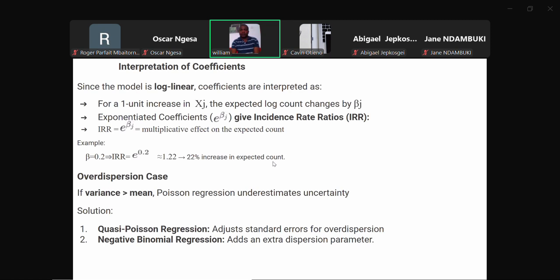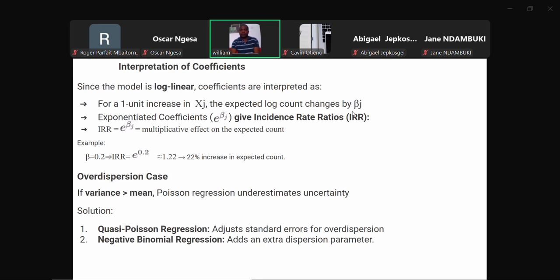And since the model is log linear, this is how we interpret it. For instance, based on the coefficients you get, a 1 unit increase in xj means the expected log count changes by bj, where we might have variables like age and so on.